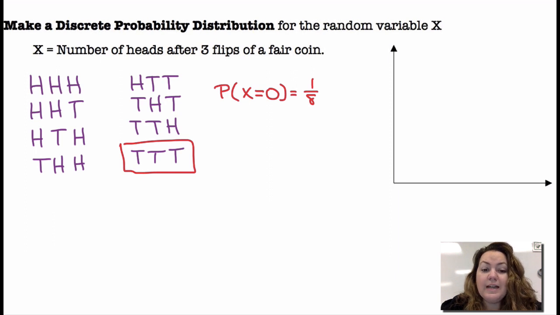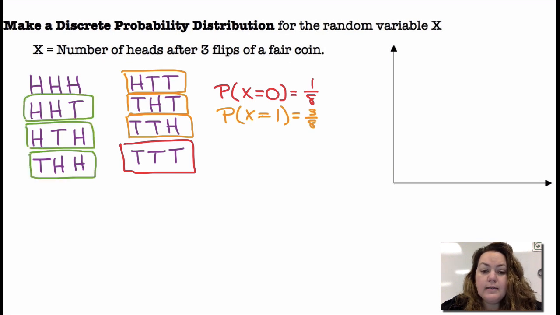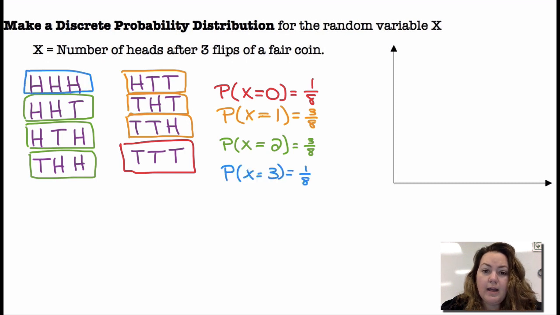The probability that I have exactly 1 head out of 3 flips are 3 of these 8 outcomes, so 3/8. Probability that I have 2 heads, again, is 3 out of 8. And the probability that I have 3 heads is 1 out of 8.